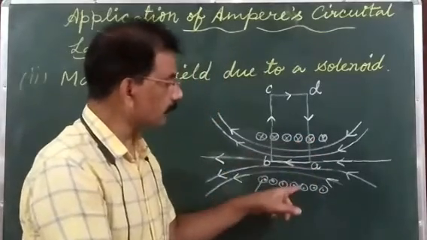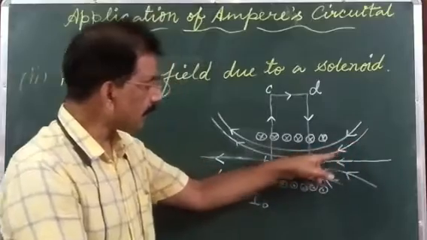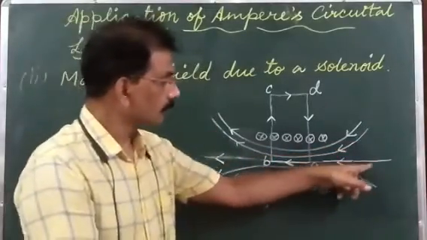Due to this current carrying solenoid, these are the magnetic lines of force.